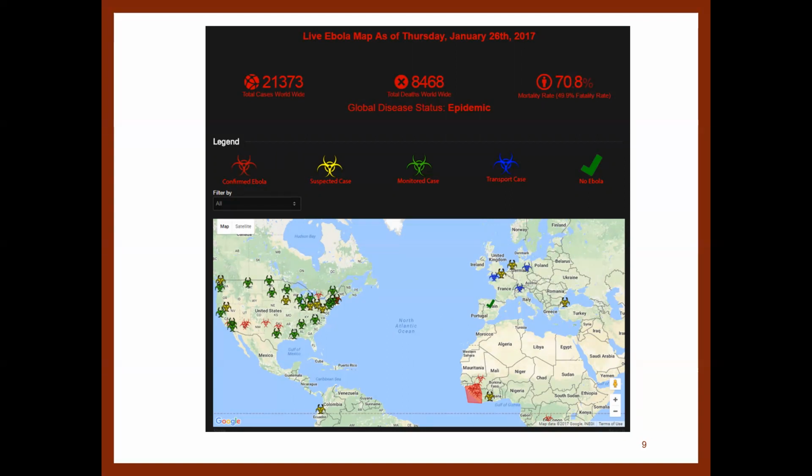And there were about 8,468 deaths in the world. And you can see that in the United States, there were many cases. However, only a few were confirmed, but there were many that were monitored because we were not necessarily sure that that was not a case.